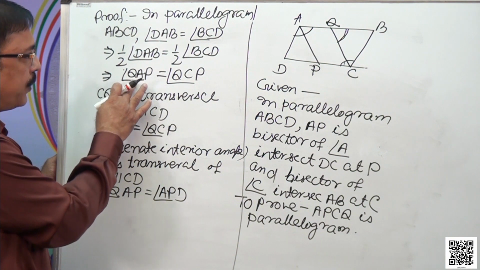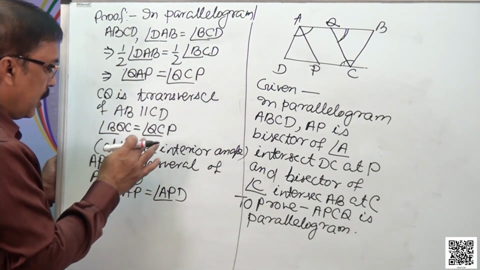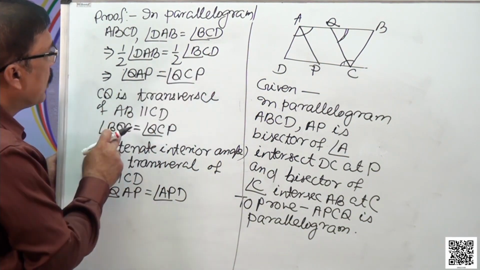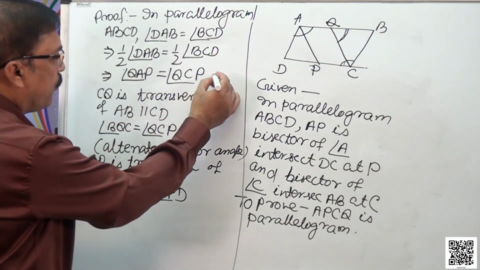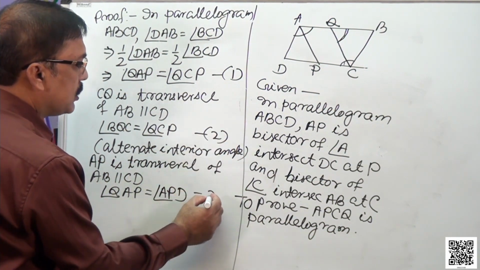You see, QAP is equal to QCP, QCP is equal to BQC, and QAP is equal to APD. So this is 1, this is 2 and this is 3.